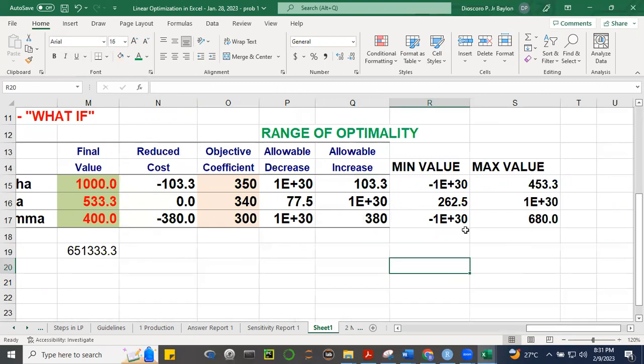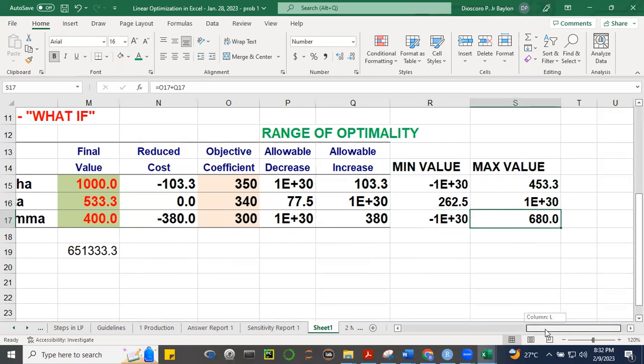Sorry, mali, ito wala. We can decrease beta from 340 to 262 or increase it kahit na 1 million pa yan. Pareho lang yung optimal solution natin. Ganon din si gamma. Kahit maging negative man yan, up to 680, the optimal solution does not change.